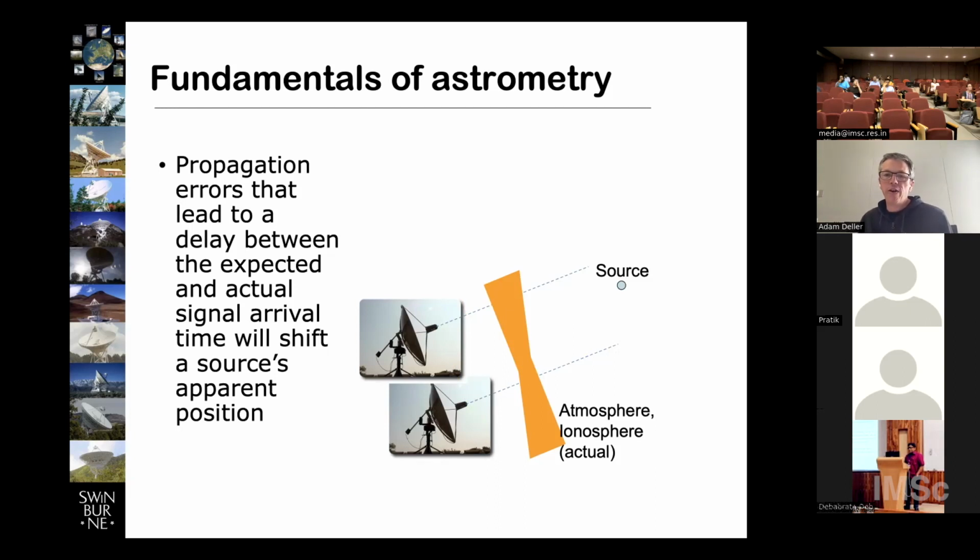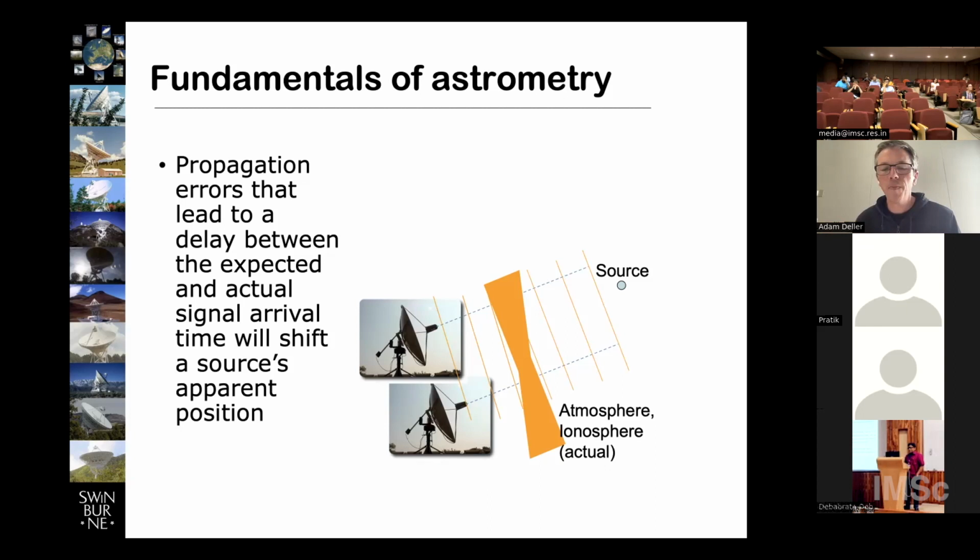Unfortunately, there are other sources of delay that the signal will show between pairs of antennas that are not related purely to geometry, not related purely to where the source is on the sky. So any propagation error that leads to a delay between the expected arrival time and the actual arrival time of the signal from a given location on the sky will shift the apparent position of the source. Just to visualize that, I have the same example with the source back at its original position, but the path length through the ionosphere is a little bit thicker over the top antenna than over the bottom, and the signal propagates a little bit more slowly through the ionosphere than it does in a vacuum.